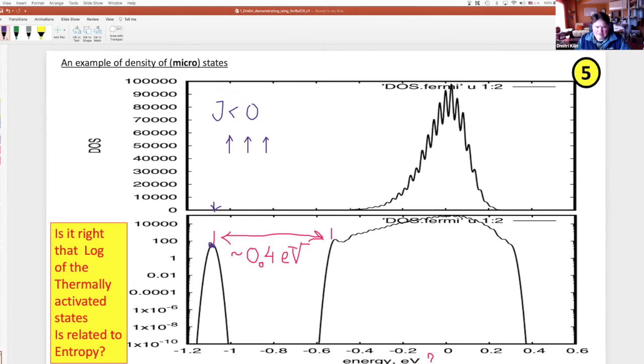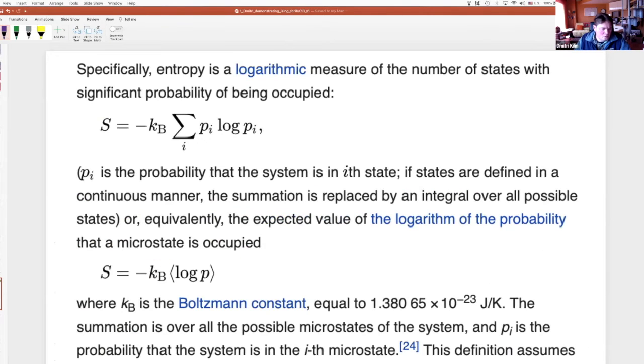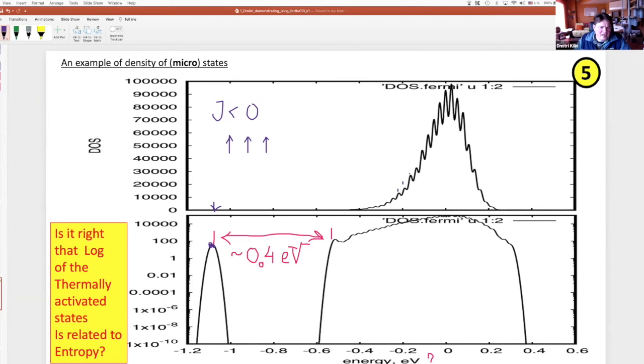So how to interpret these little peaks in this density of states is question number one. And second, maybe one can make a connection between this logarithmic representation of density of states and entropy of the system, which is related to the logarithm of the number of microstates.